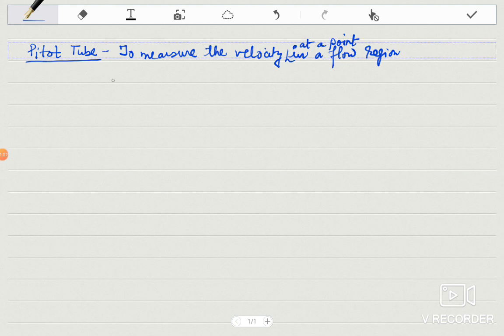The flow region may have an open surface, or you can say a free surface open to atmosphere, or it may be some conduit or a pipe.